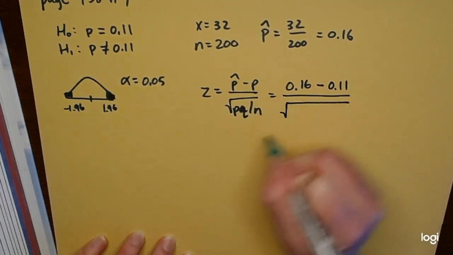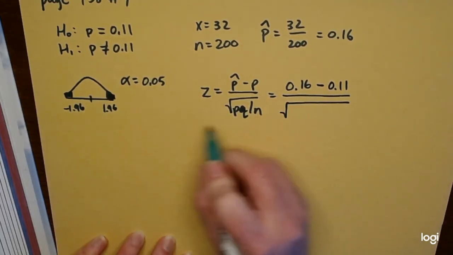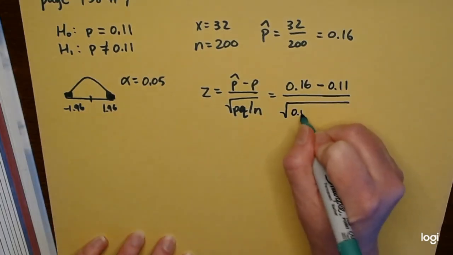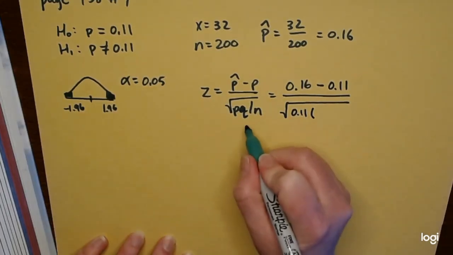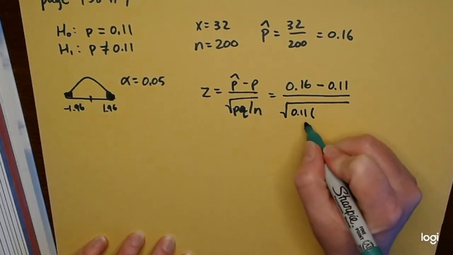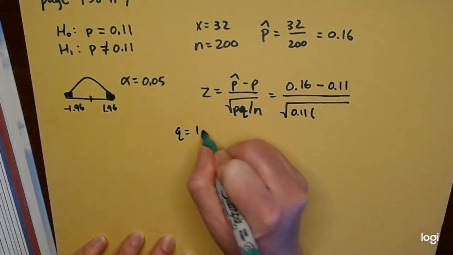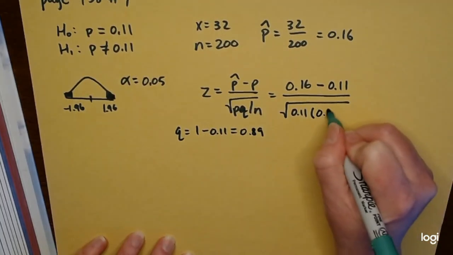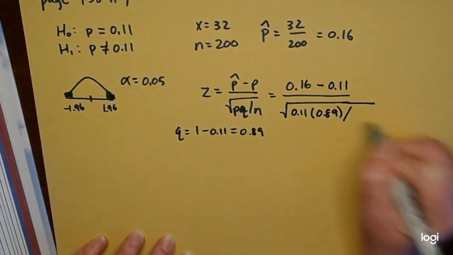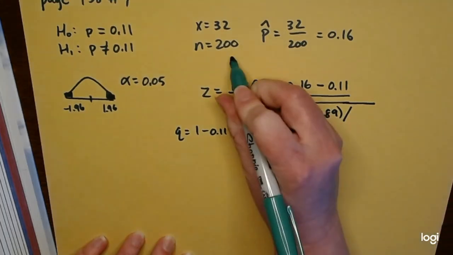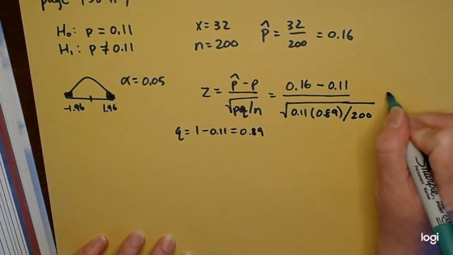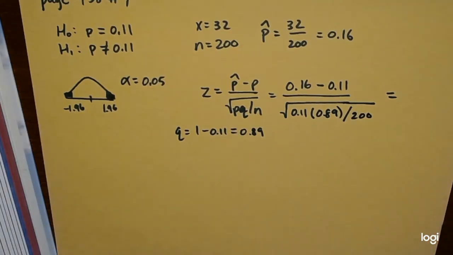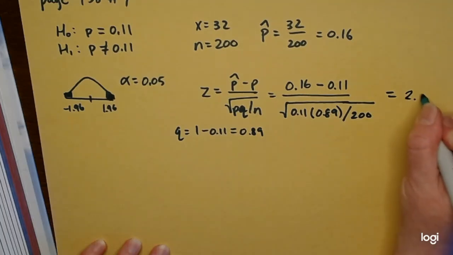In the denominator, it again uses P from the proposed population, so again 0.11. Q is always the complement to P, so 1 minus 0.11 gives us 0.89 for Q. I'll plug that in for Q, and N was 200 people. When I run that through my calculator, I end up getting that Z is equal to 2.25.